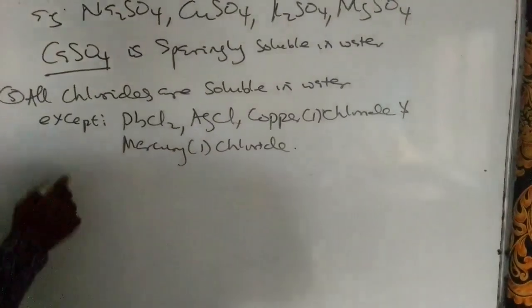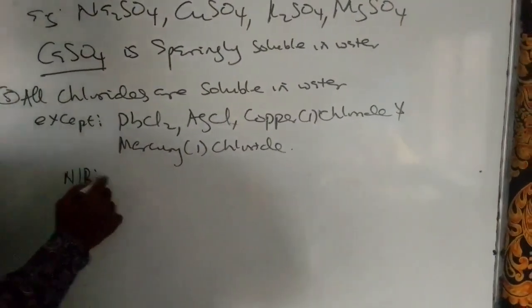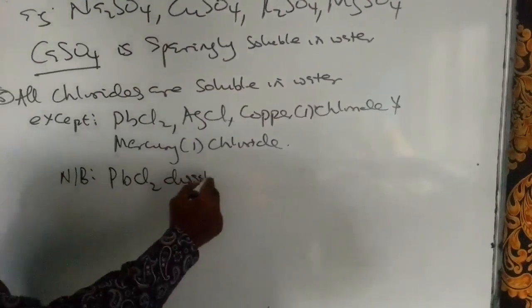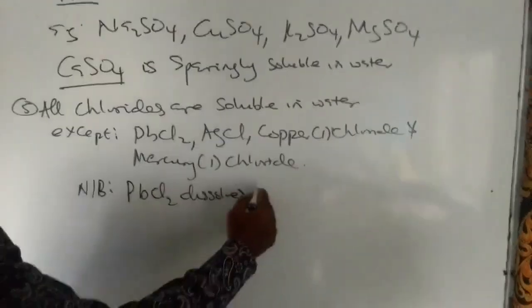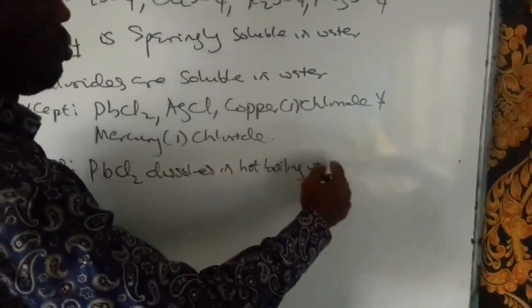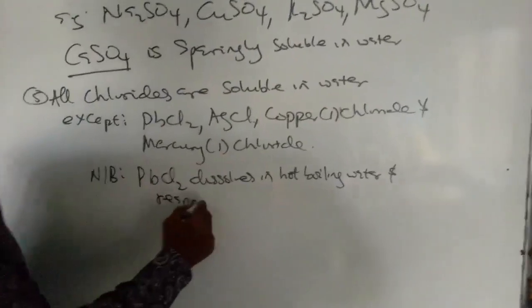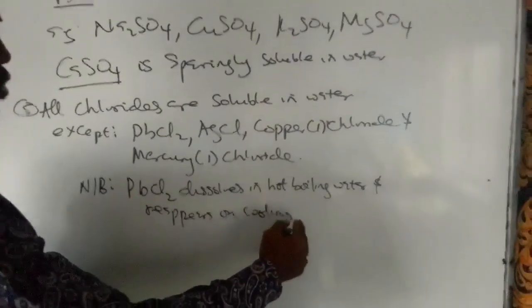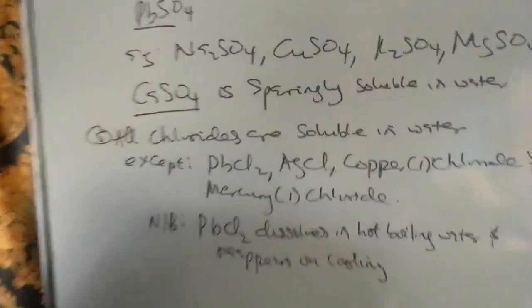But you should know that lead(II) chloride, PbCl2, dissolves in hot boiling water and reappears on cooling. So this salt, even though it's insoluble in ordinary water, in hot water it will dissolve and reappear, come back again on cooling.